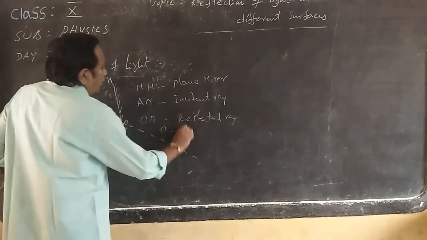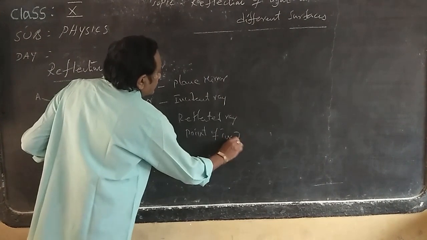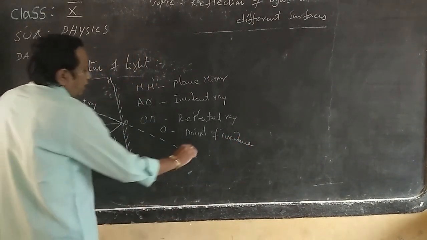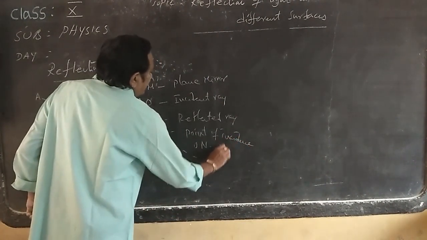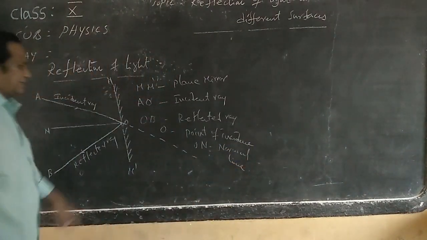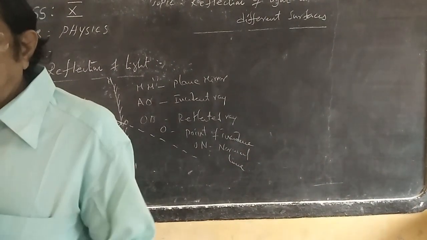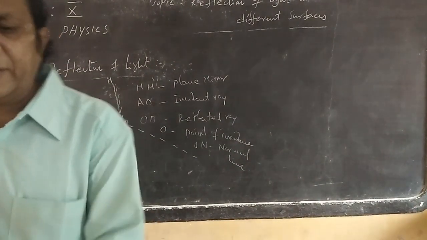O is the point of incidence, and ON is said to be the normal line. So remember these things for reflection. These points are very important here.